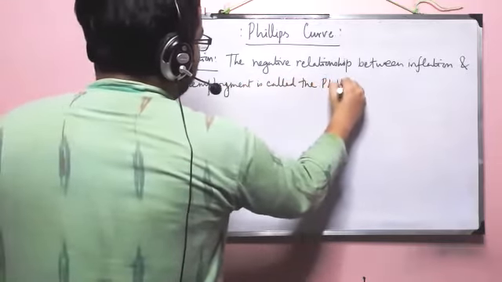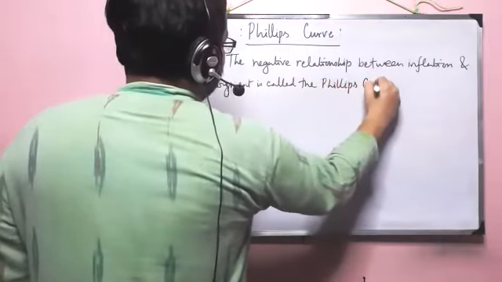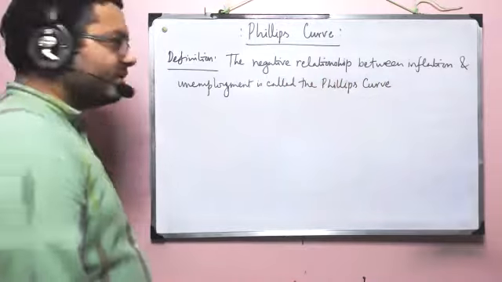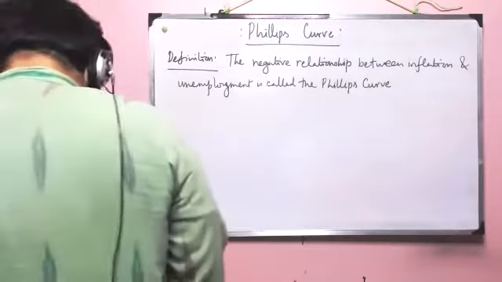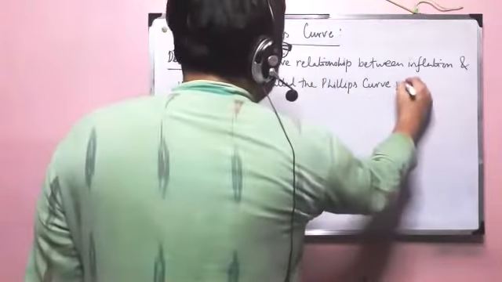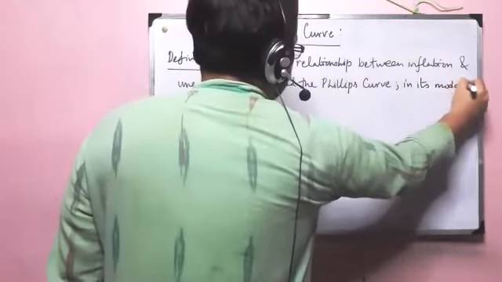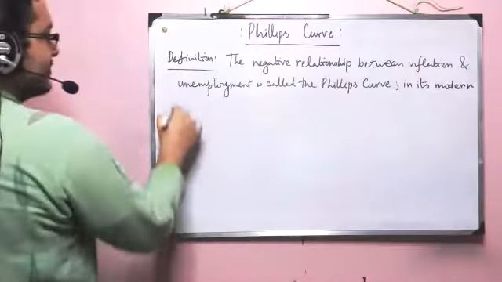That's what generally we understand by the Phillips curve. But to say, Phillips curve contains also a lot of other things. So with a semicolon, we'll write this in its modern form, because that's what Phillips curve is today.